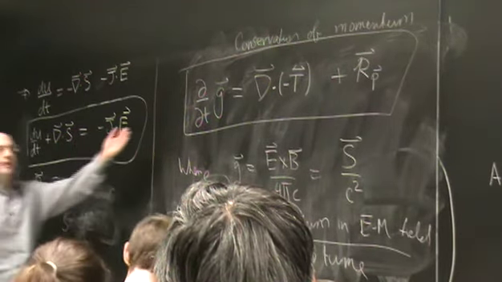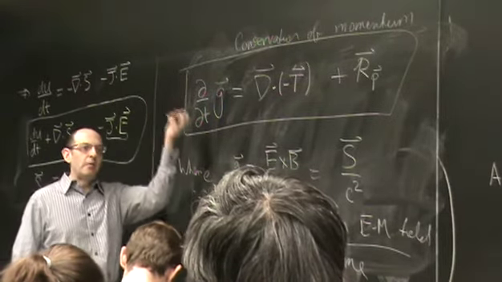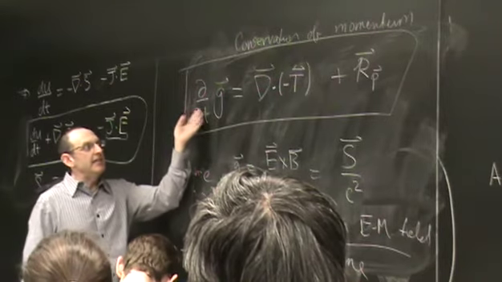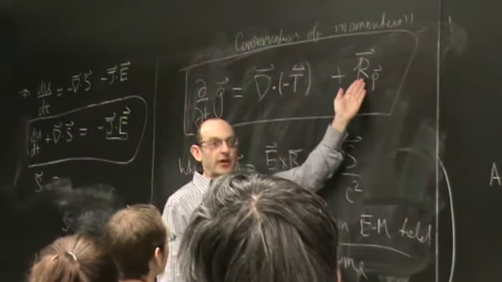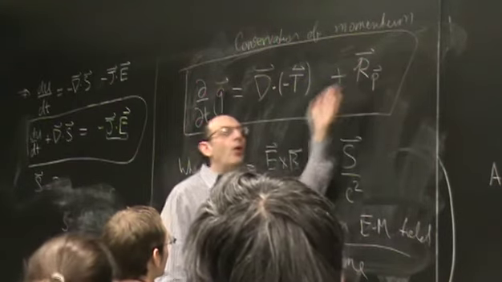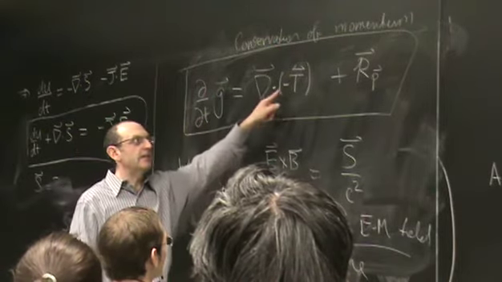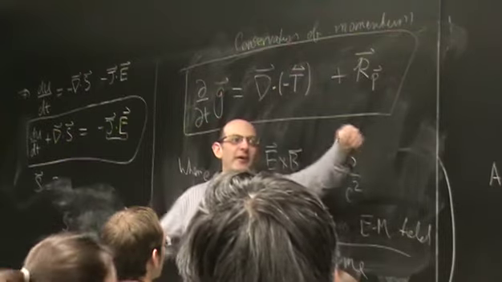So what does this equation say? It says that the local density of momentum in the field changes. It can change if that momentum is imparted to or taken from the charges, or if momentum flows. And the direction of the flow is related to minus T. I mean, that's what we saw before, right?